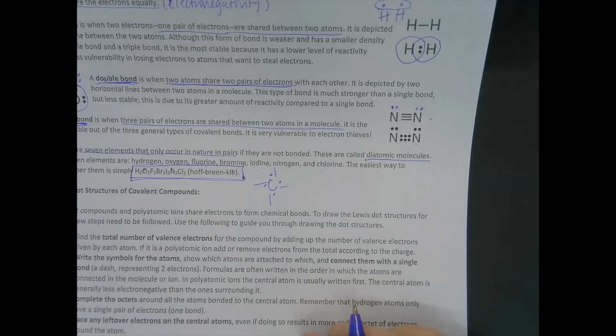That means carbon can form 4 bonds. Now, that can be a combination of bonds. That could be 4 single bonds. That could be 2 double bonds. That could be a triple and a single. That could be a double and 2 singles. Whatever it is, the most that it can bond is 4 times because it needs 4 more.